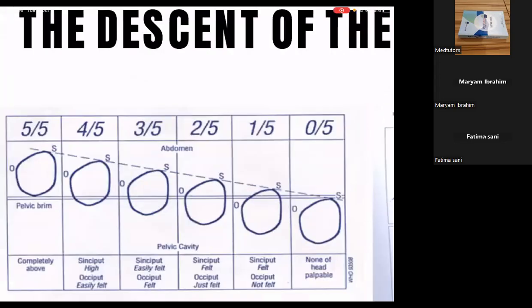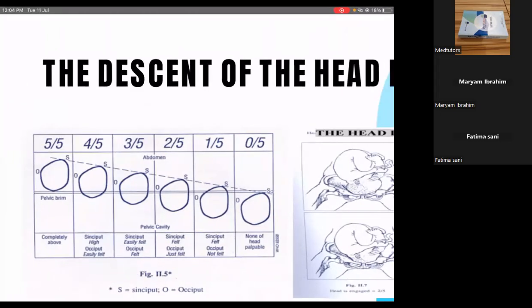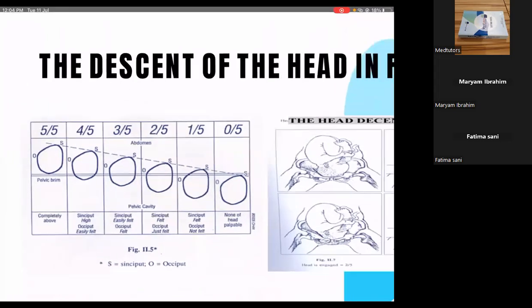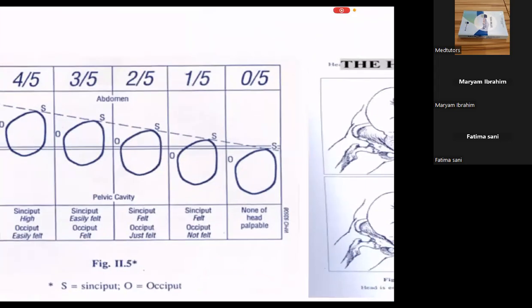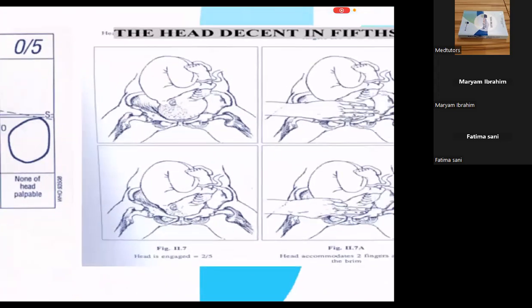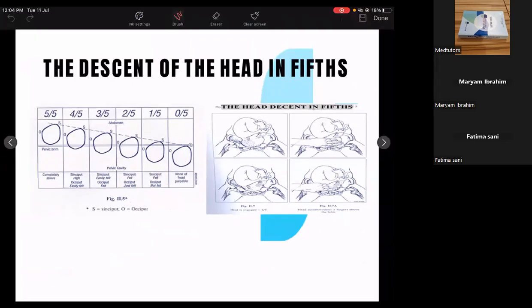By the palmar surface of your fingers, if you are able to feel the head completely, just like it is demonstrated here, so you put your palm, and if all your 5 fingers can feel the head, then it is said to be 5/5 or completely above. It is not in the pelvic cavity.